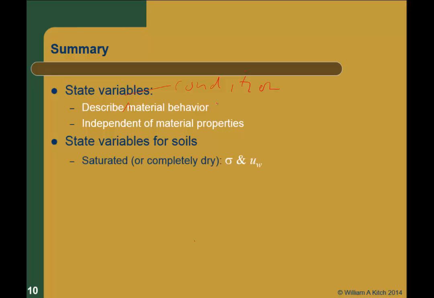So for soils, if they're saturated or completely dry, then our state variables are either the pore pressure and the total stress, or we can write the effective stress, because that's the one that's really important, right? And for unsaturated soils, there are these two state variables: total stress minus air pressure, and air pressure minus water pressure.